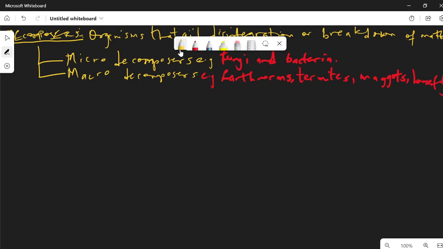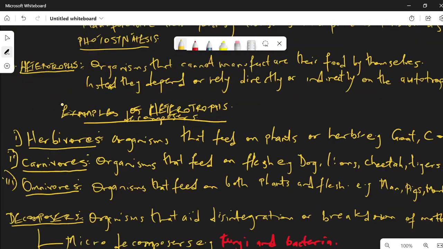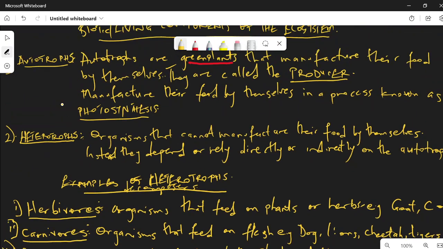All right. So we have treated the autotrophs, the heterotrophs, and the decomposers. Now we know that the autotrophs are organisms that manufacture their food by themselves, isn't it? Like you can see on the screen right now here, autotrophs are green plants that manufacture their food by themselves.